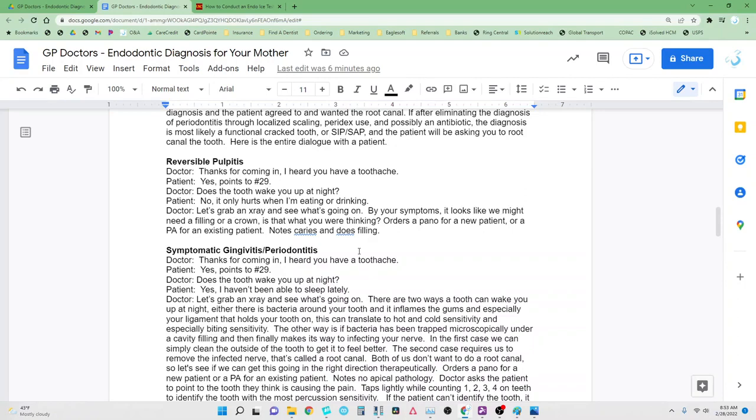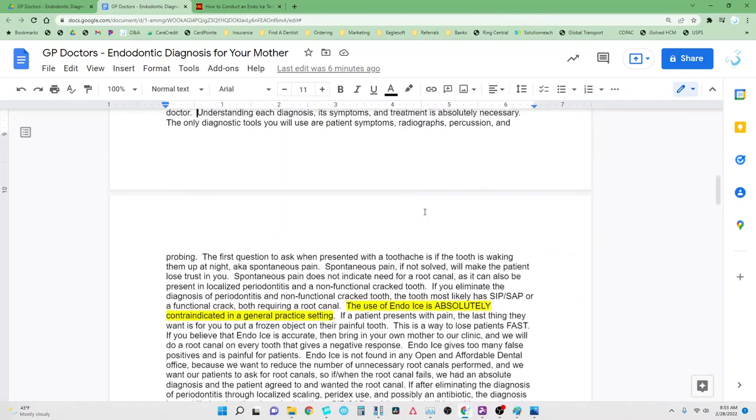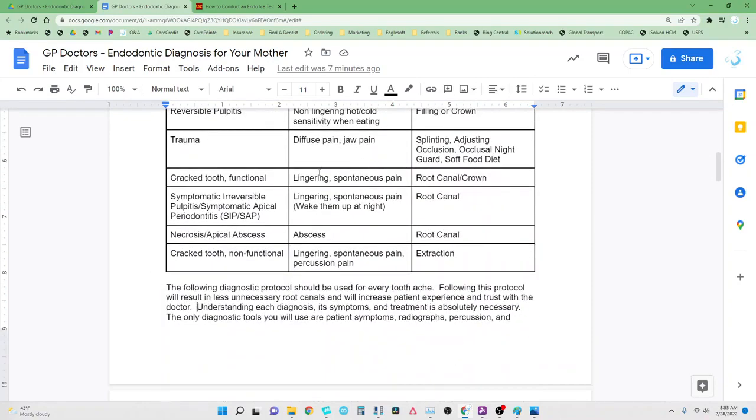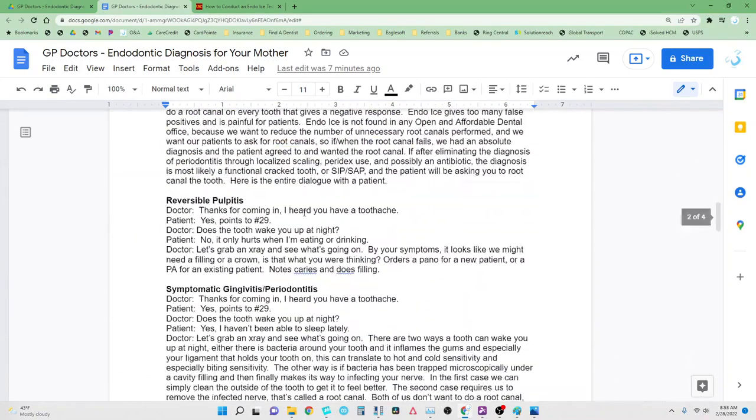The patient: no, it only hurts when I'm eating or drinking, okay? So again, non-lingering. I'm thinking it's one of these potential diagnoses: gingivitis, pulpitis, or reversible pulpitis, or trauma, okay? It is not spontaneous, okay?